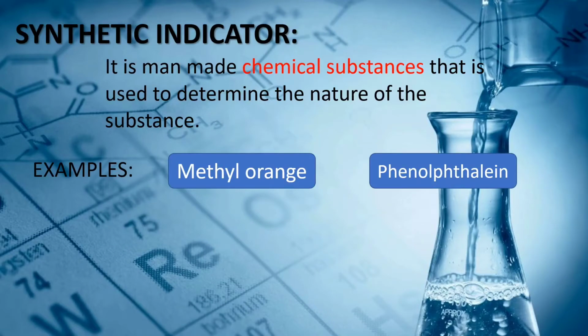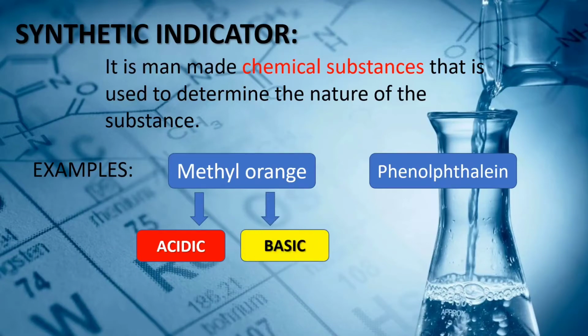Now how do they help us in knowing whether the substance is acidic or basic? They also change the color. In acidic medium, methyl orange gets red color, and in basic medium, methyl orange gets yellow color. This is how methyl orange helps us in knowing the nature of the substance.